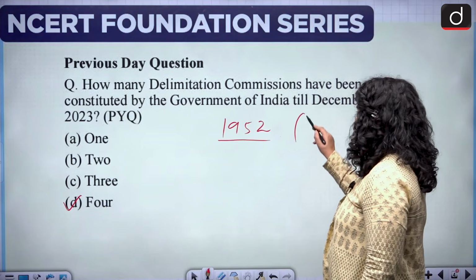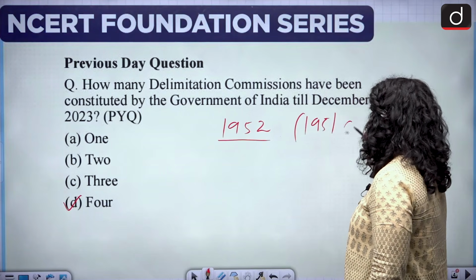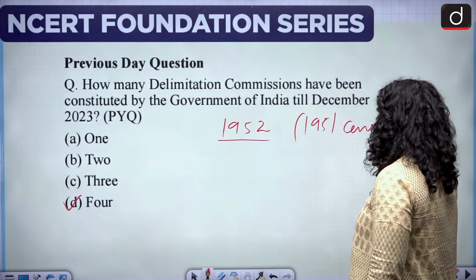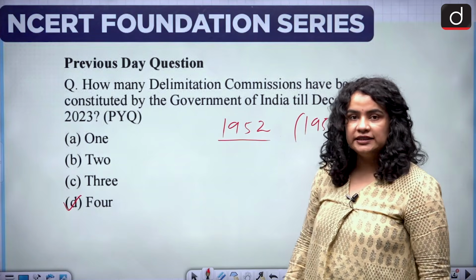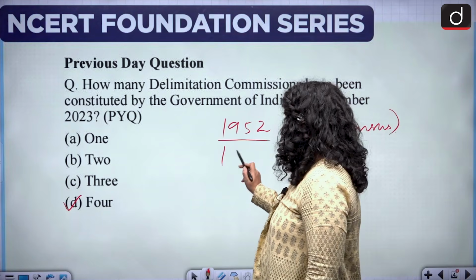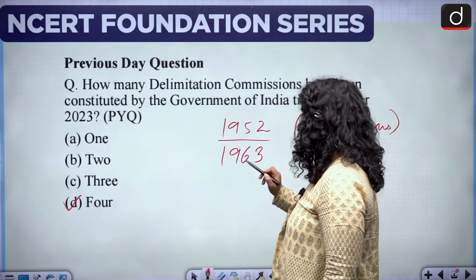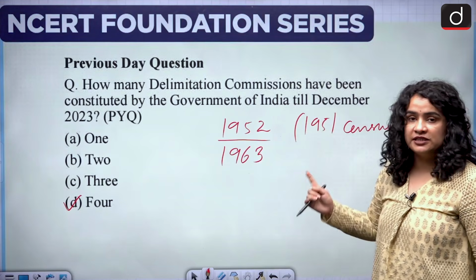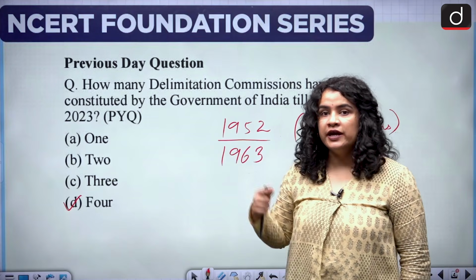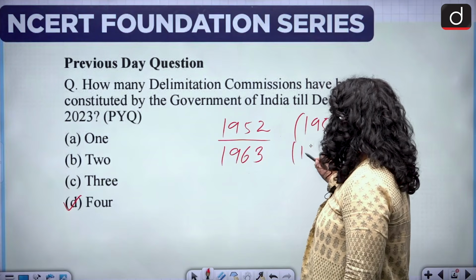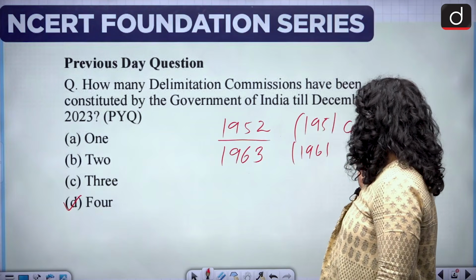After the 1951 census, under the Delimitation Commission Act of 1952, this was followed by another one in 1963 under the Delimitation Act of 1962, and of course it was based on the 1961 census.